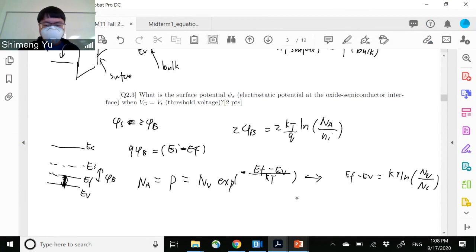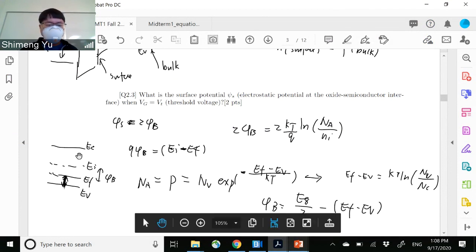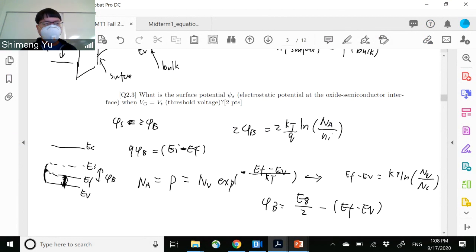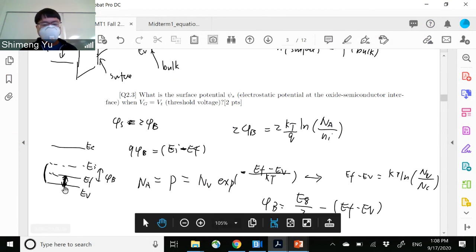And then phi b will be half of the band gap minus this one. Right, because phi b, you see that is here. This one is half of the band gap, right? EI is half of the band gap. So you can also get the phi b in this way.